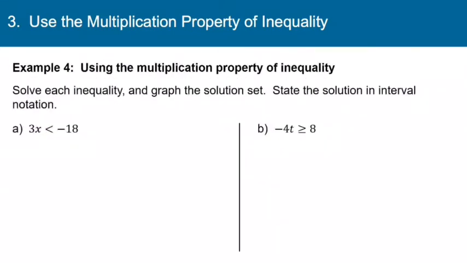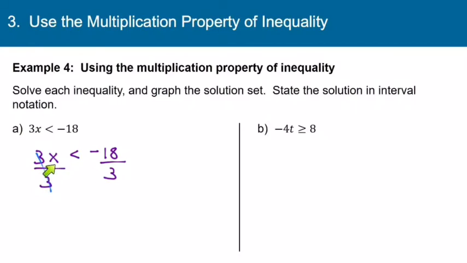So here's example 4. Let's solve each inequality and graph the solution set and then state the solution in interval notation. So we've got 3x is less than negative 18. So to solve this, I would need to eliminate this coefficient of 3. So I would divide both sides by positive 3. And you see, because I divided both sides by a positive, I will not need to reverse the inequality symbol.